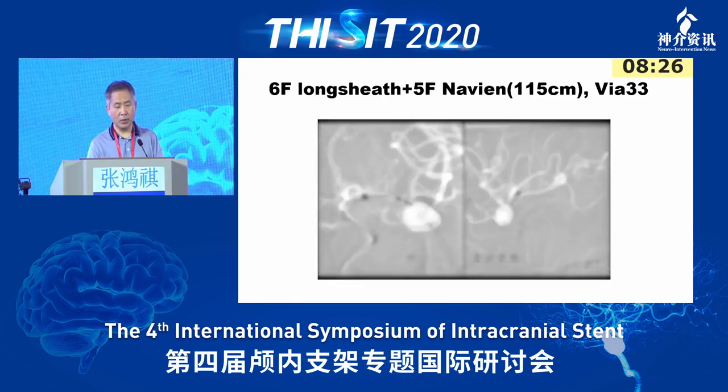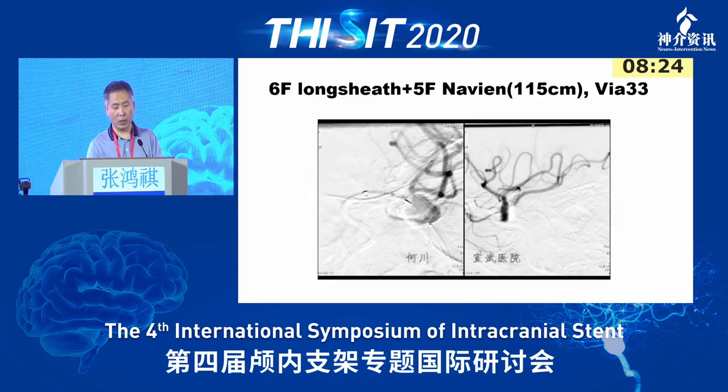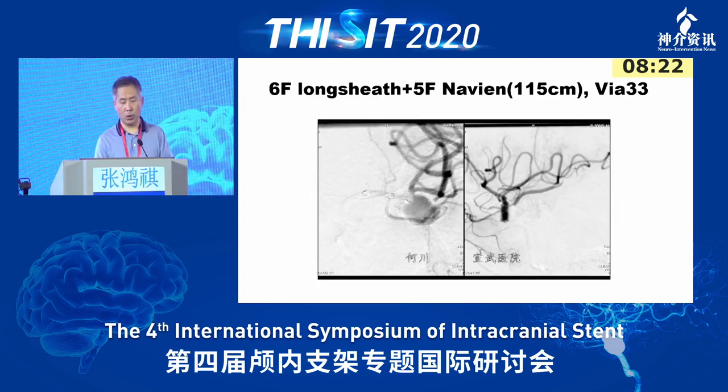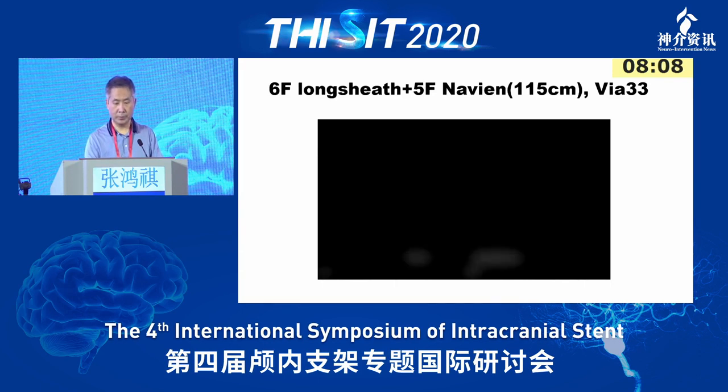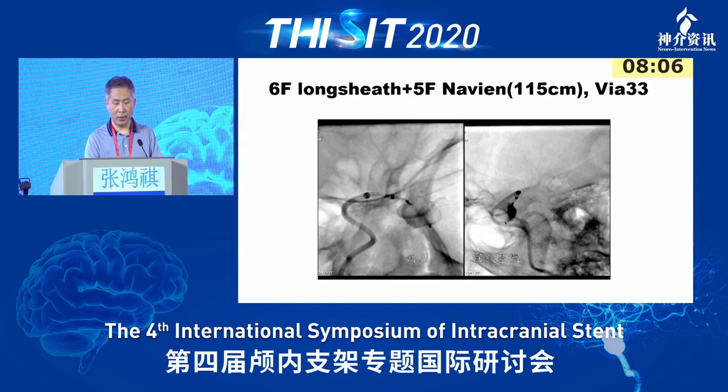And we push all the WEB out. Well, if you look at the big catheter, when a catheter is pushed into the vessel, the form has changed. So we have to see the result of the carotid artery, and we achieved a good result.